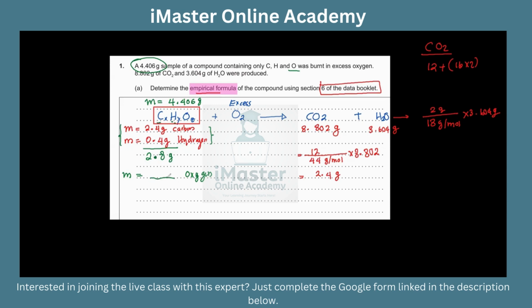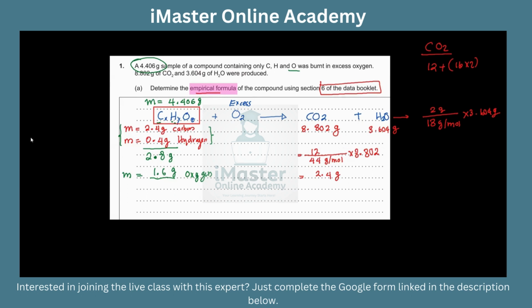So the mass of oxygen will be 4.406 minus 2.8. That gives you the oxygen's mass, which is 1.6 gram. Am I right? Yeah. Okay, then we finally have found the masses.